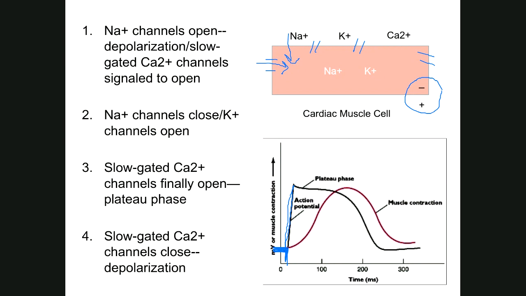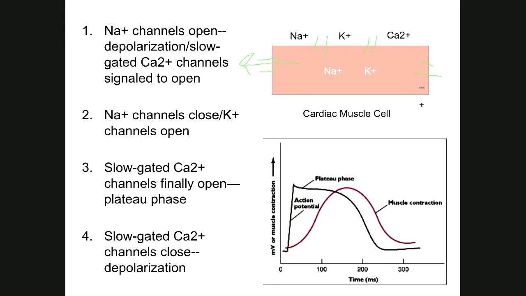And what we see happening is that the sodium channels close, and then potassium channels open. Once again, I'm going to use green to represent potassium channels opening all across the membrane. And you know potassium's at a higher concentration inside the cell, so potassium starts to move out of the cell, and now we have a net movement of positive charge out of the cell.